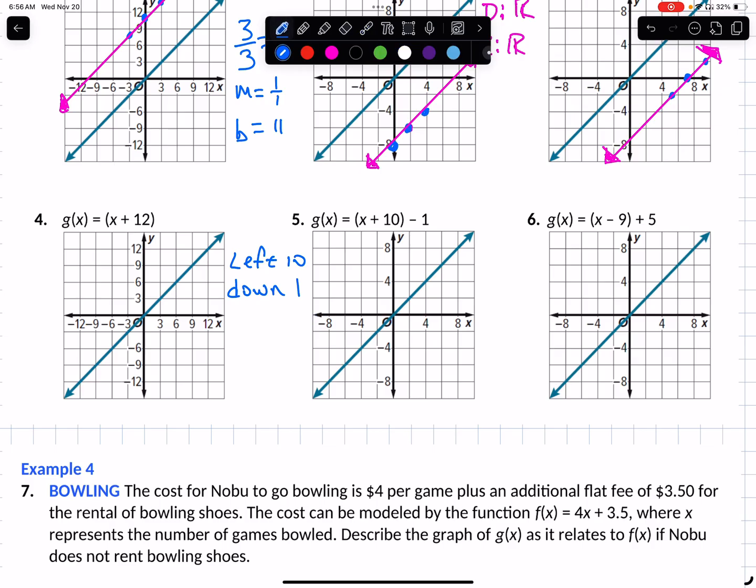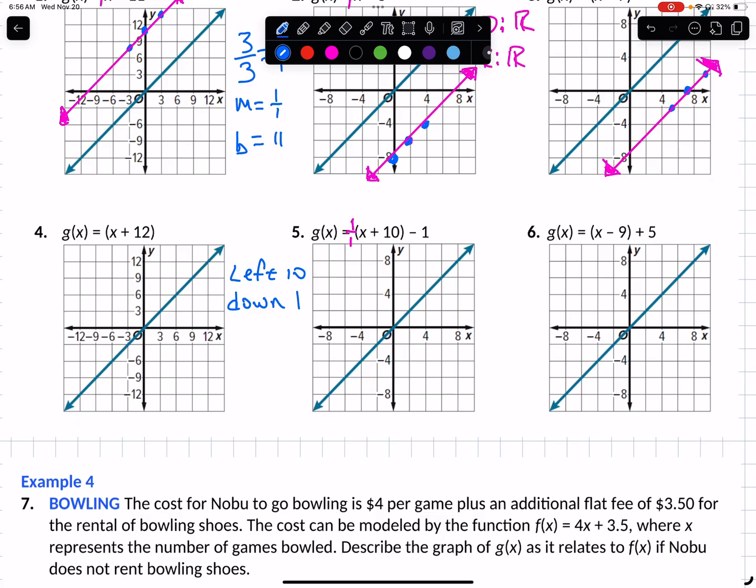Remember, our slope did not change. It's still on each one of these problems, 1 over 1. So we start with our graph left 10 units and down 1 unit. Remember, this graph is going by 2's, so we have to go in the middle of this. And then when we count up our slope, we just count up and we go up 1 unit, to the right 1 unit, and make a dot.